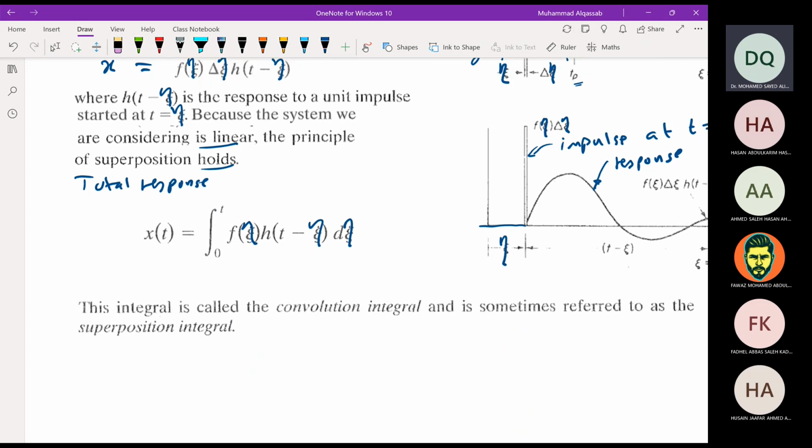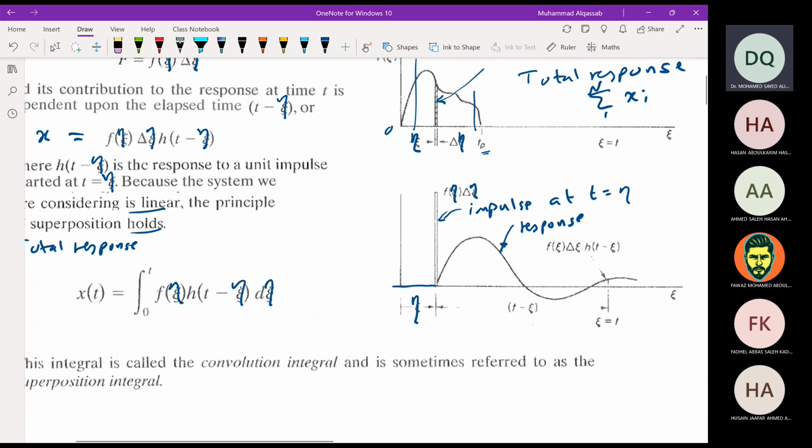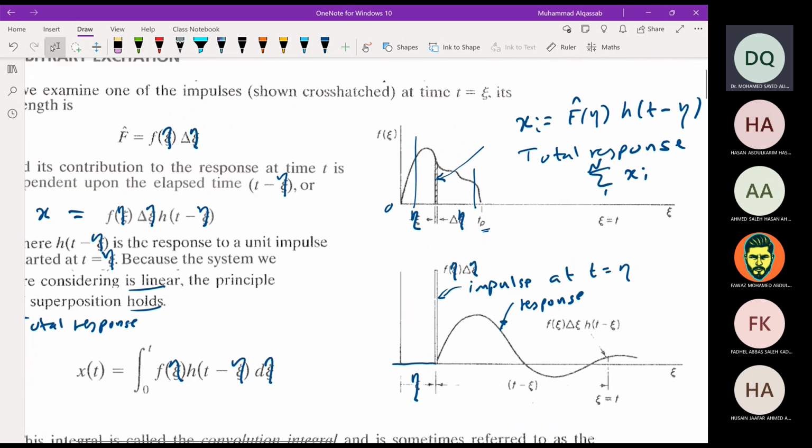If you want to find the response up to, let's say, this point, then this part of the pulse or the force is not affecting the response before that time. Let's say this is t equal to 2 seconds.